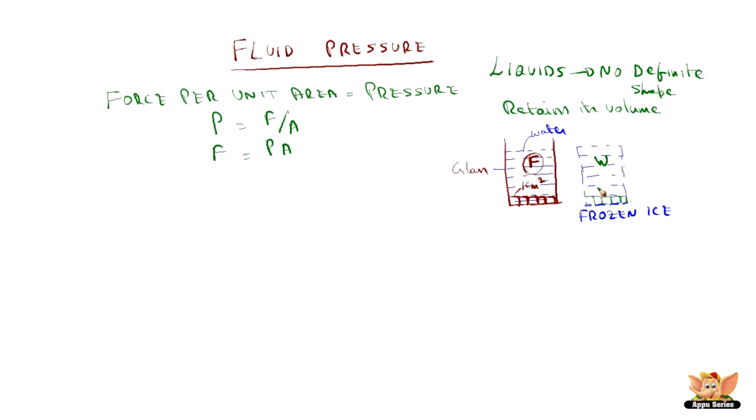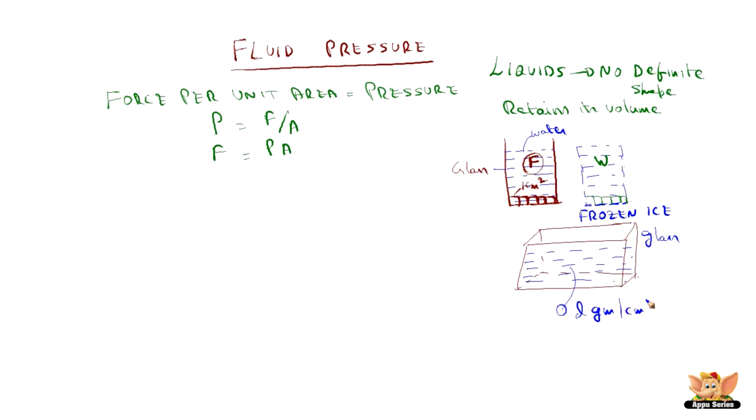Now let us describe how the weight of the liquid acts at different depths of the container. Take a glass container with a liquid of density, let's say, d grams per centimeter cube.